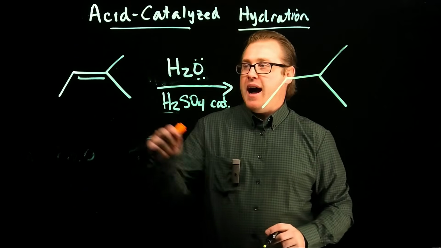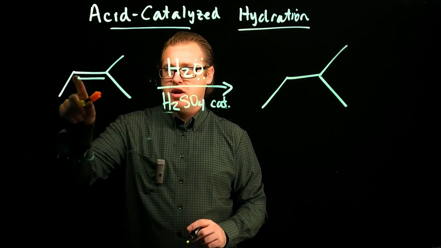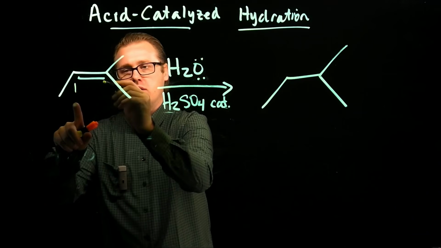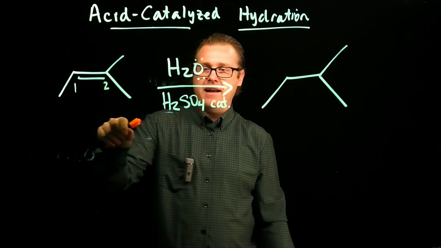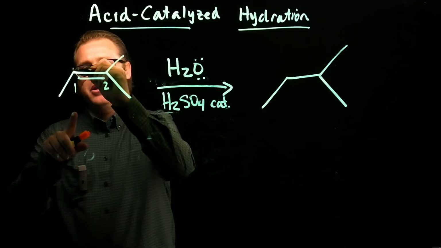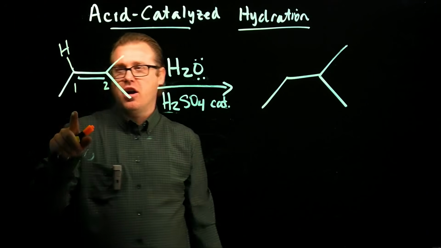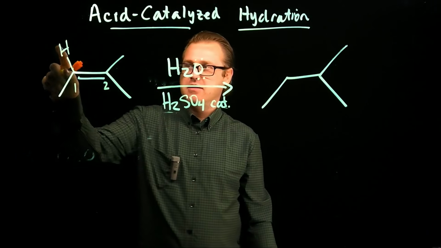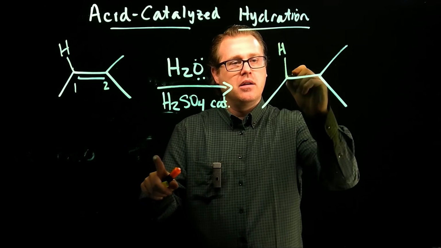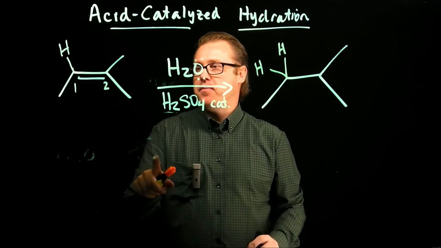And we're going to add a hydrogen on one of these carbons. What carbon, carbon 1 or carbon 2, will you add the hydrogen to? Markovnikov rule says you have to add it to the carbon that has the most hydrogens. There it is. So we are going to add hydrogen there.